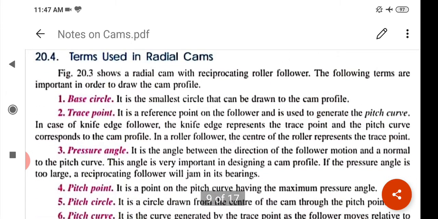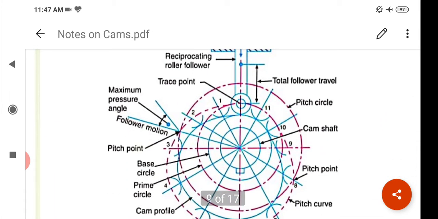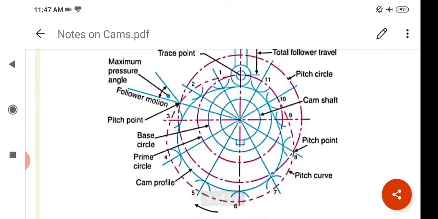First we will be seeing what the base circle is. Here it defines it as the smallest circle that can be drawn to the cam profile. Now in this diagram we will see where this base circle lies. If you see this, there are two circles drawn from the center. The first circle is the camshaft, that is the diameter of the camshaft.